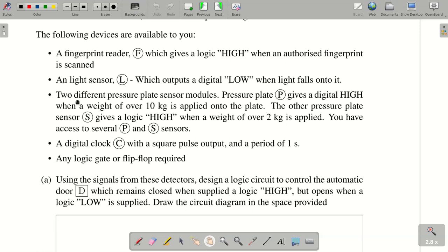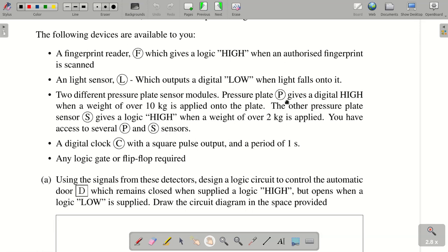Okay, you're also given two different pressure plate sensor modules. Pressure plate P gives a digital high when a weight of over 10 kgs is applied onto the plate. The other pressure plate sensor S gives a logic high when a weight over 2 kg is applied. And it's also said you have access to several P and S sensors.